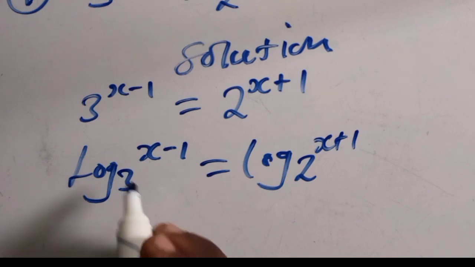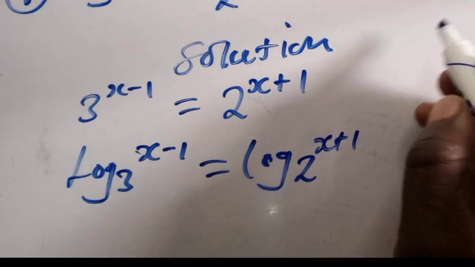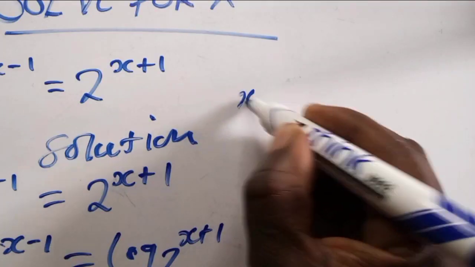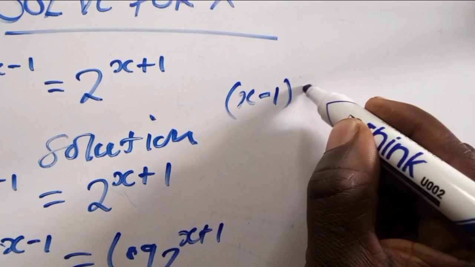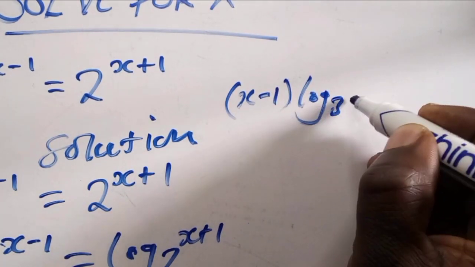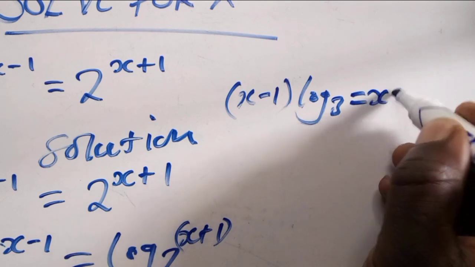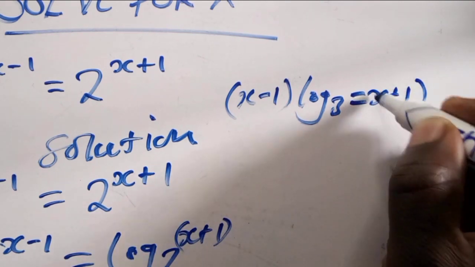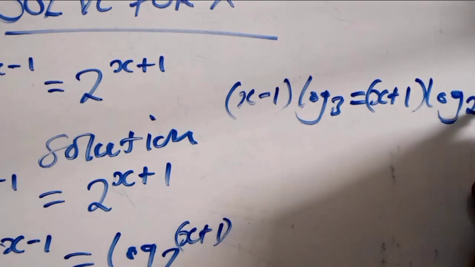So what you do here, you drop these powers which you have here, in which it will be x minus 1 in the bracket, then log 3, it will be equals to, you also drop this one, x plus 1, in which it will be x plus 1 in the bracket, then log 2.